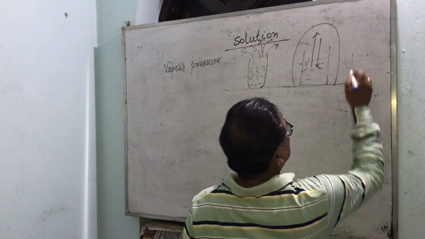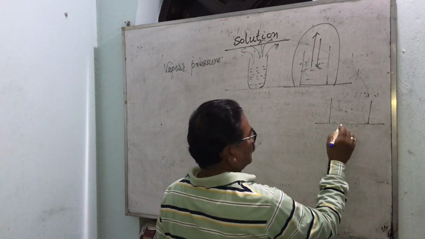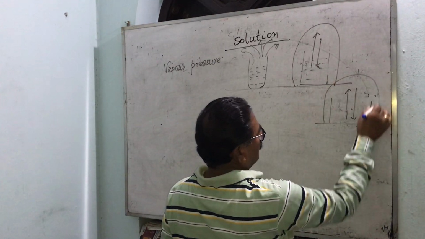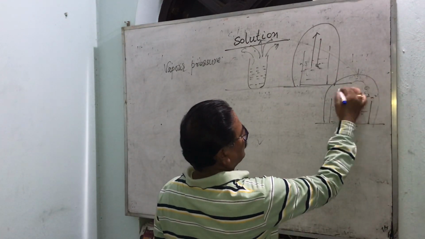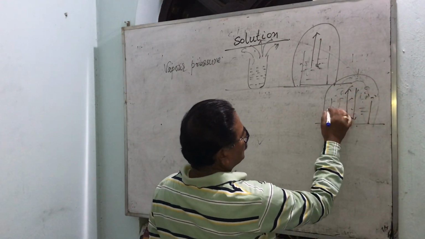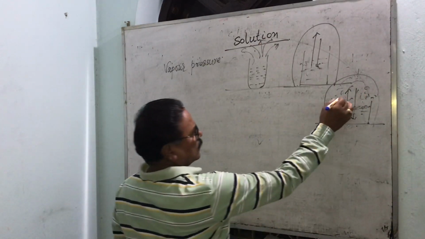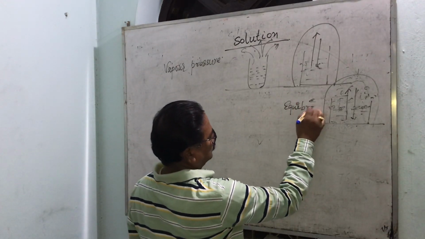So a situation arises, which we can represent in another diagram: these two arrows are equal. This liquid will evaporate out and convert into vapor. Now this vapor will put pressure on the liquid surface, and this situation is called the equilibrium situation.